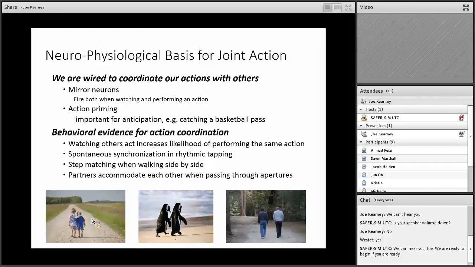And then further evidence is that when people are asked to cross through an aperture as a pair, that is, say, walking through a doorway, and are asked to make judgments about whether the doorway is large enough to accommodate their passing through, they'll take into account the other person in making those judgments.